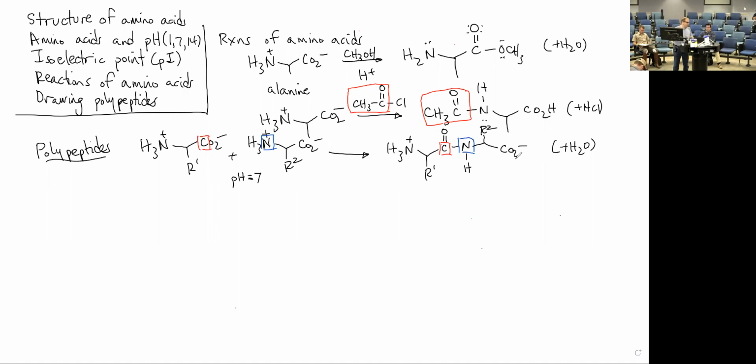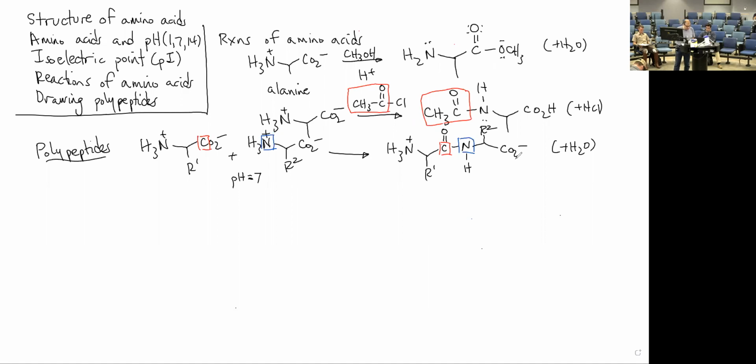And although we're certainly not going to be drawing anything with 10,000 amino acid residues, I think you can already see how that would be built up. But drawing a simple polypeptide with maybe 2 or 3 amino acid residues would be something that I would expect you to be able to do.